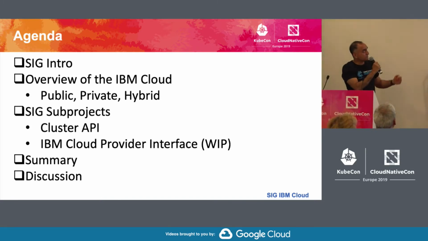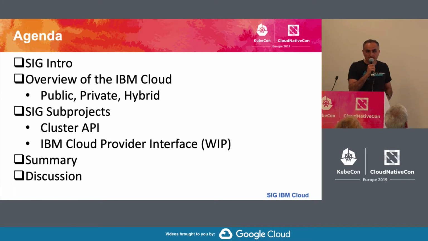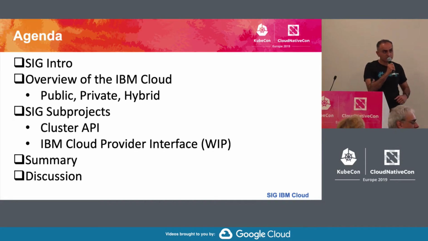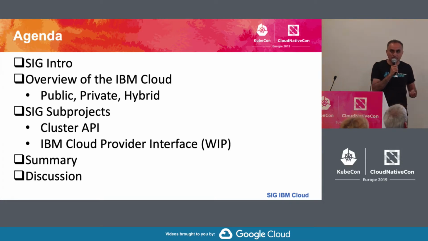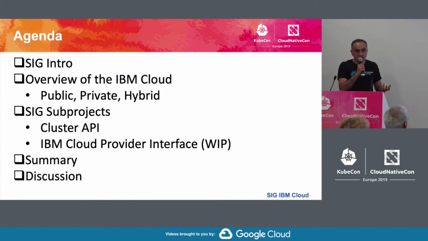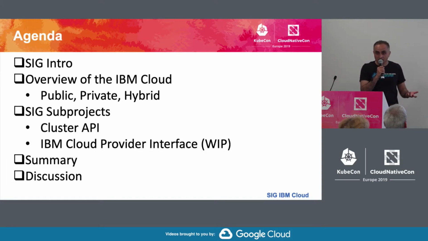So agenda, pretty simple. We're gonna provide a SIG introduction. I see faces here who probably are not so much familiar with the SIG, so I'm gonna go over the introduction. We'll basically cover the overview, the SIG structure, activities we do, just high levels. And that will be followed by the overview of IBM Cloud, because this is the IBM Cloud Special Interest Group.